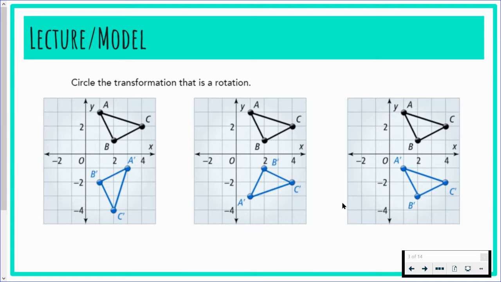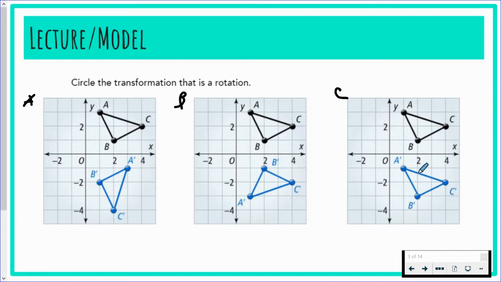So let's look at which of these could possibly be a rotation. I am going to label these A, B, and C. I want to automatically eliminate ones that just couldn't be.